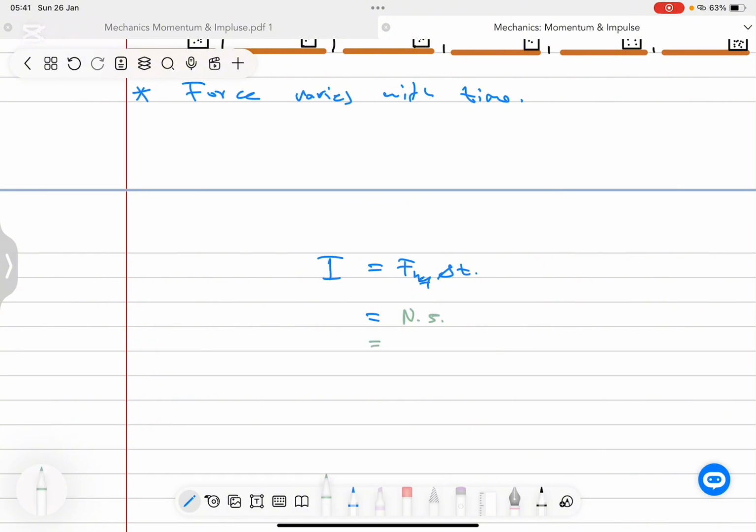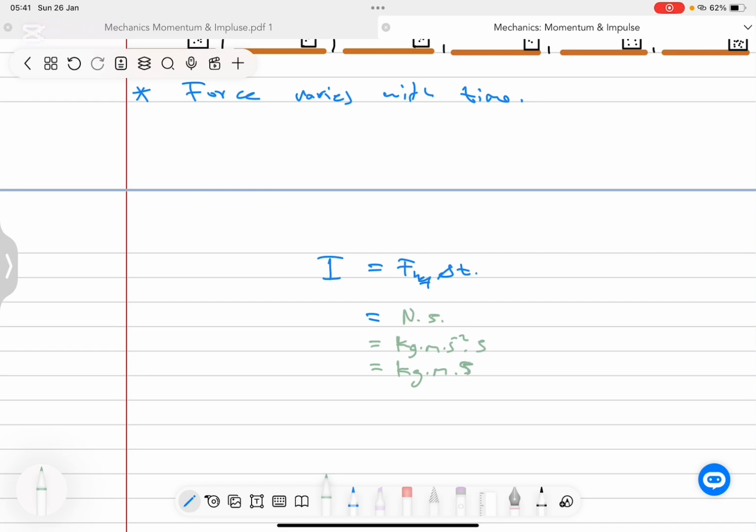However, we can rewrite the newton in terms of kilogram meters per second squared. And we still have the second there. Simplifying this will give us kilogram meters. Now, the second and the second are multiplying each other and they have the same base of s.